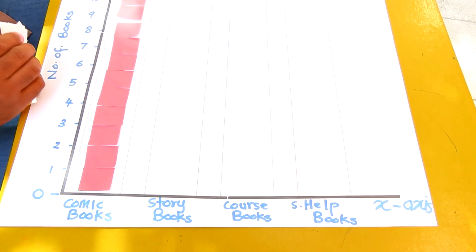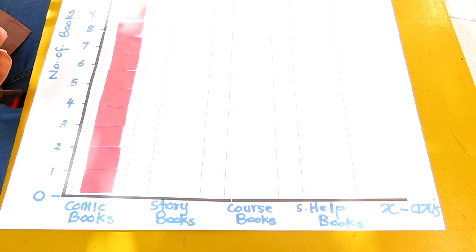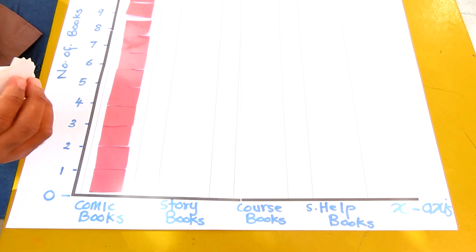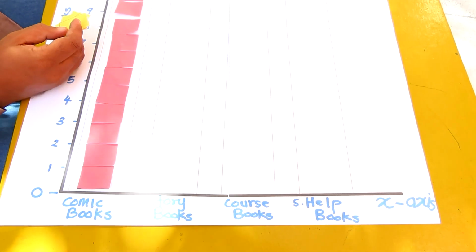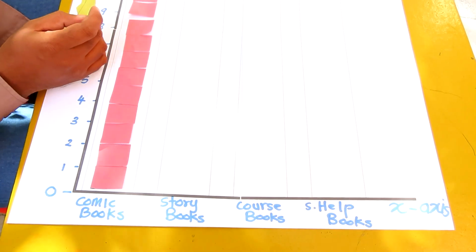So now I am going to represent the total number of story books I have by using yellow counters. So I have 6 story books, right?